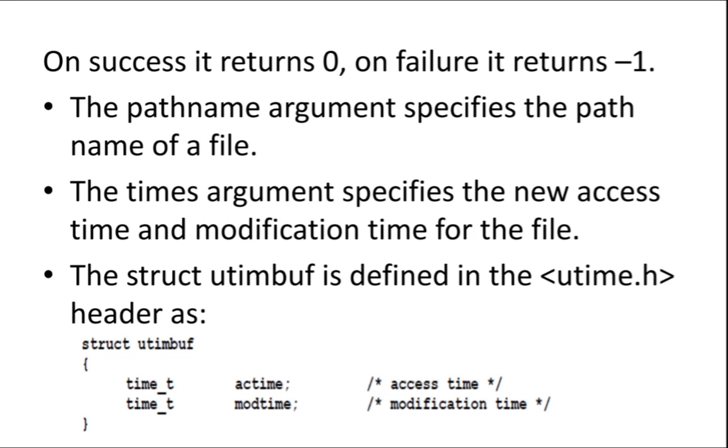So what does it actually contain? First the structure contains the access time, and it also contains the modification time. You can change the access time and the modification time using this utimbuf. Time underscore t is a derived data type. It is going to store the access time details and modification time details, right?